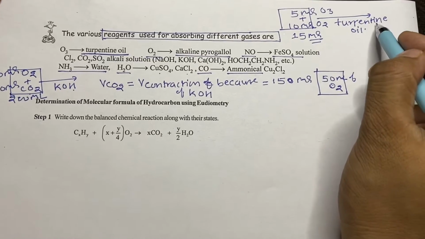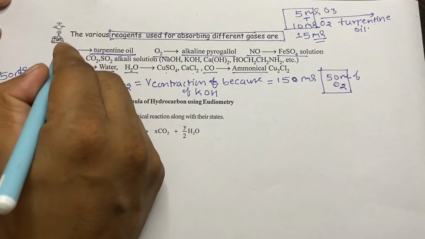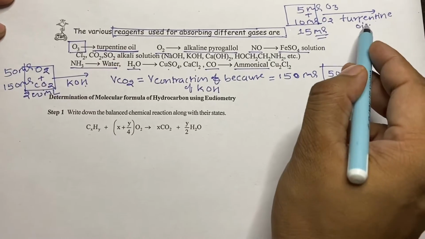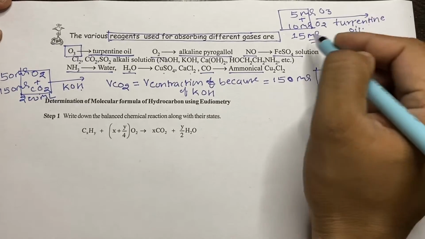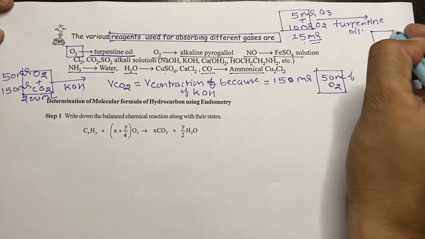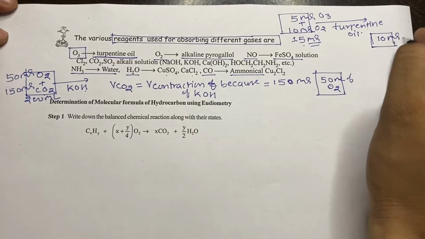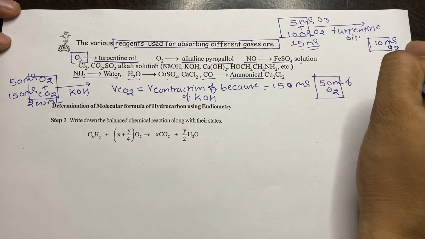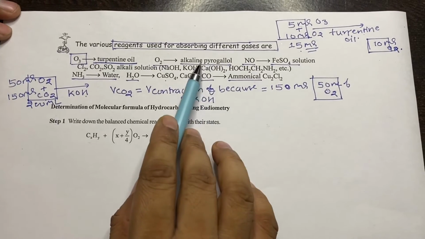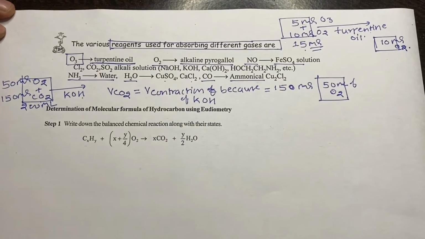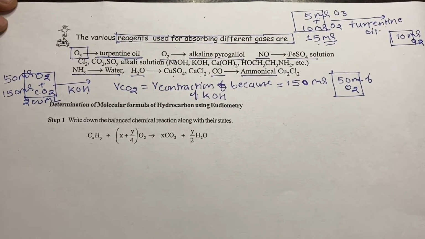Because of the turpentine oil, volume contraction occurs because it will absorb the O3. So the 5 ml of ozone will be absorbed from this gaseous mixture, and the resulting gaseous mixture will contain only 10 ml of oxygen. So these are the absorbents due to which a particular gas is absorbed, and definitely volume contraction occurs because of them.